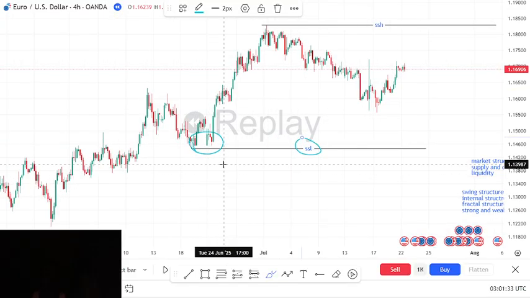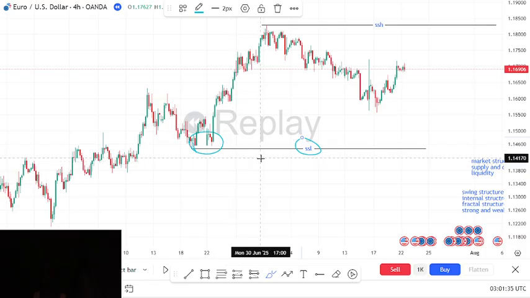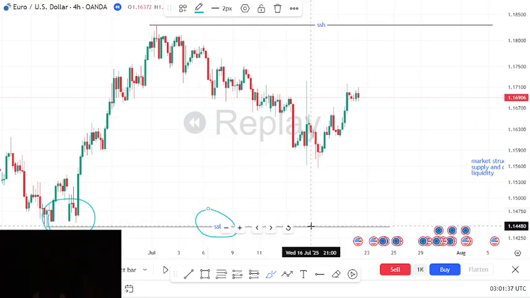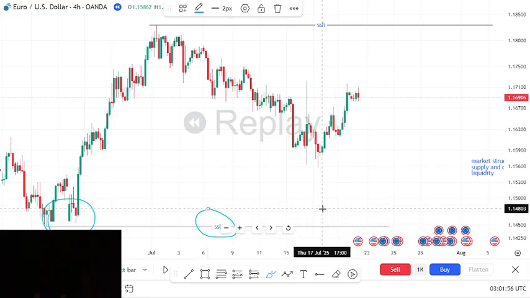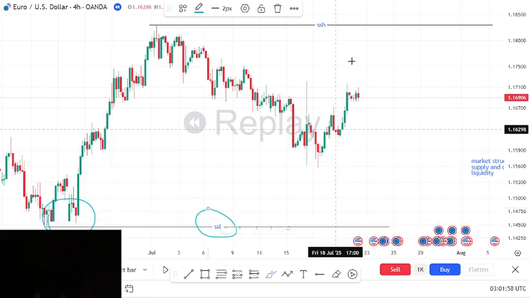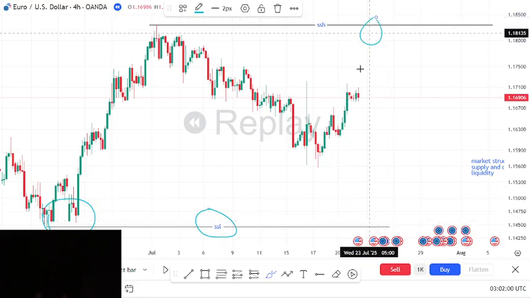So the whole philosophy behind almost whatever we do is to be able to take advantage of the bigger players, the orders that they are going to put in the market, or the orders that they have already put in the market, so that we can ride their waves. Looking at the structure, we want to choose from the strong structures and target the weak structures.